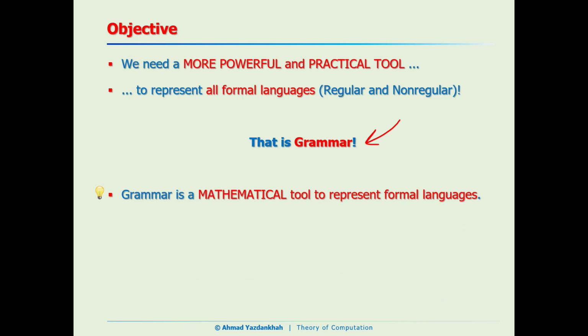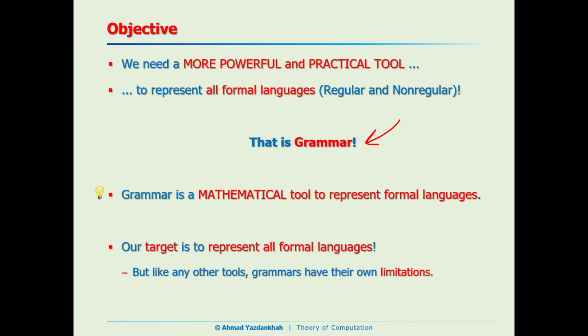So, roughly speaking, grammar is a mathematical tool to represent formal languages. Even though we can represent regular languages with regexes, when we create a new tool, it should have backward compatibility.